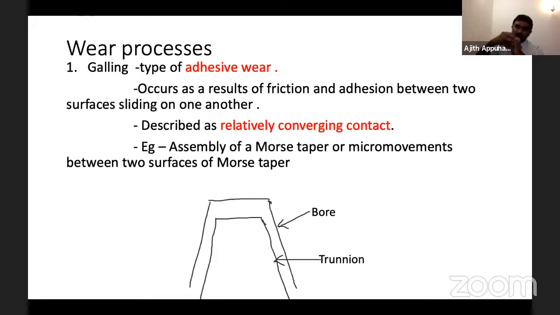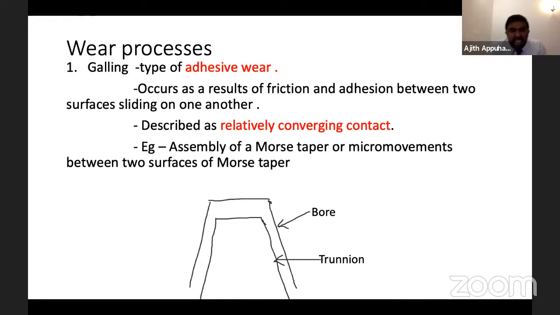It is fixed through a truncated cone, which is called a frustum. So when you are assembling that, or sometimes when there is some micro movement between the two articular surfaces, they develop adhesive wear. That is called galling.